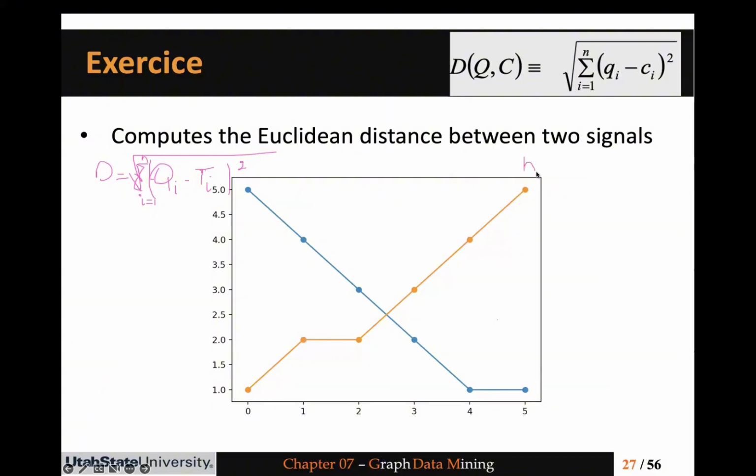So you should see that n here is equal to 5, because that's the last index, and that's the formula that we have on the slide on the top.